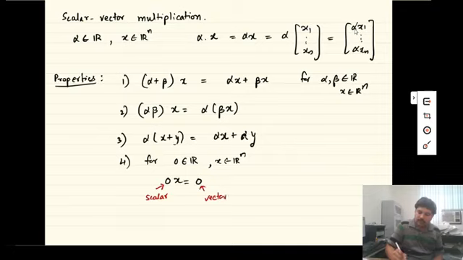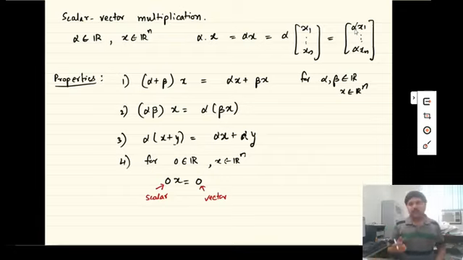So this is the 0 vector in Rn. When you see this equation, generally nobody will distinguish which 0 is which, but you have to understand it. The one on the left is actually the scalar 0 and the one on the right is actually the vector 0. So that is something that is really very important.